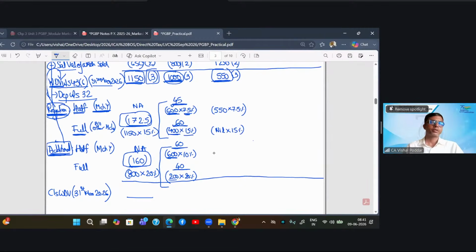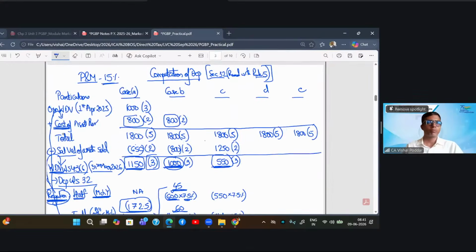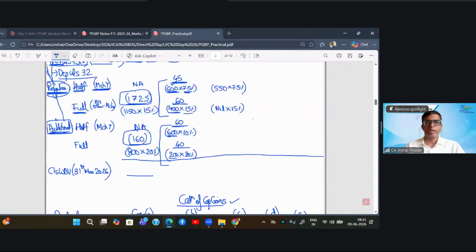And then in additional, again recall this arrow: additional is to be computed on cost. So now you'll see the cost. Again, the cost of the two assets is 600 and 200, so it is 800. Here I do the bifurcation of 800: 600 of Y, 200 of X, on this half rate and on this full rate.